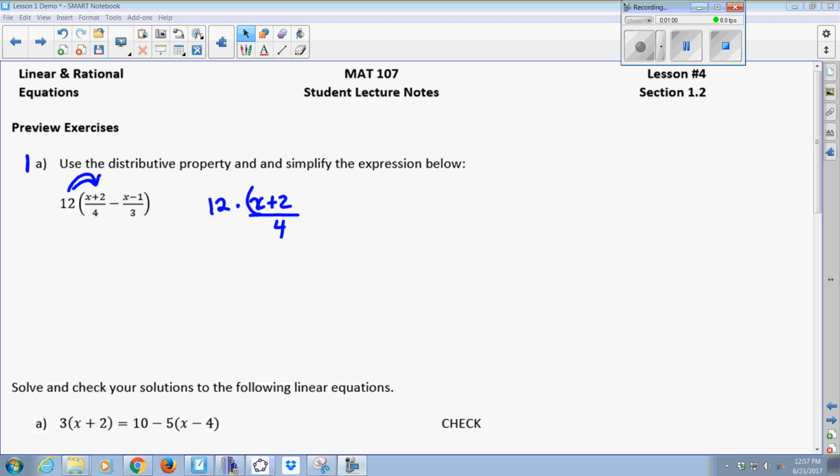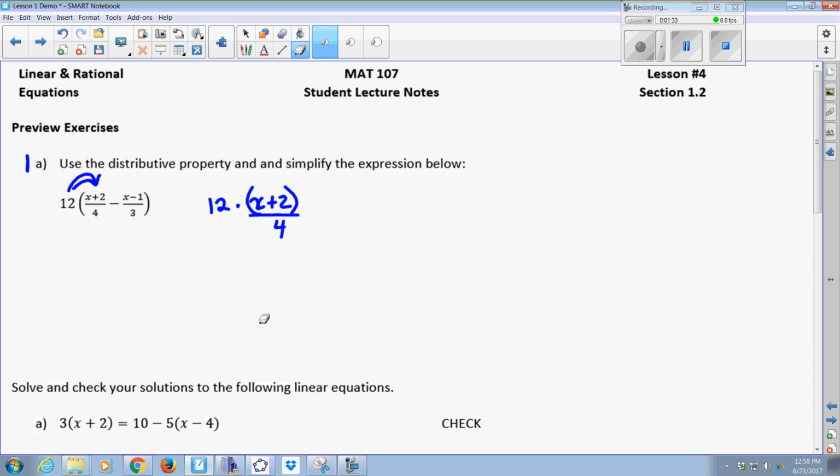I'm always very careful whenever I have a numerator or denominator that has two or more pieces to it, which we officially call terms, the parts that are separated by addition and subtraction. I always put it in parentheses. Now you could write 12 like this, or you could put 12 over 1 if that made you feel better. But I tend not to get my visual field too messy if possible.